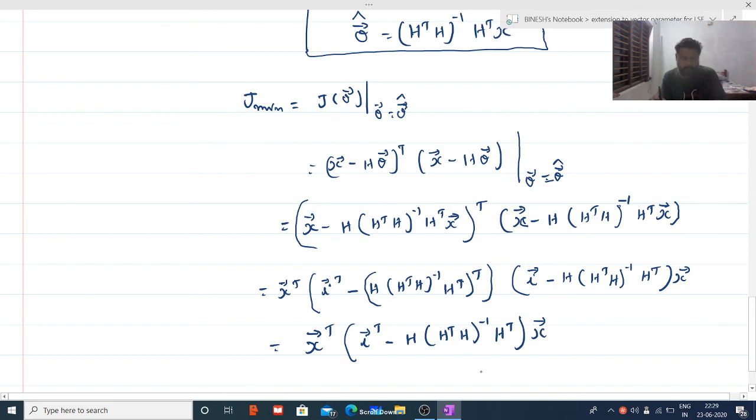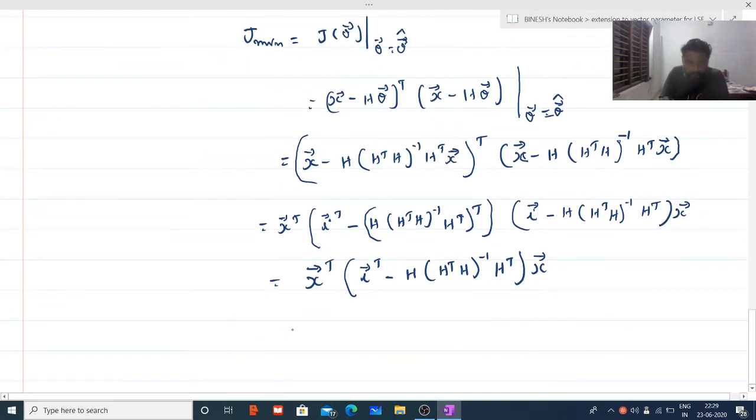Okay, so again I will multiply this inside the bracket, so that it becomes X transpose X minus H transpose.